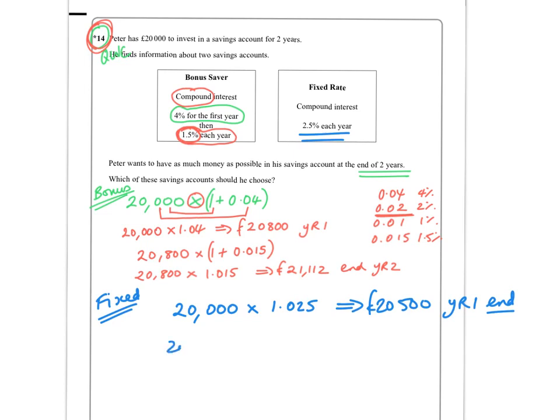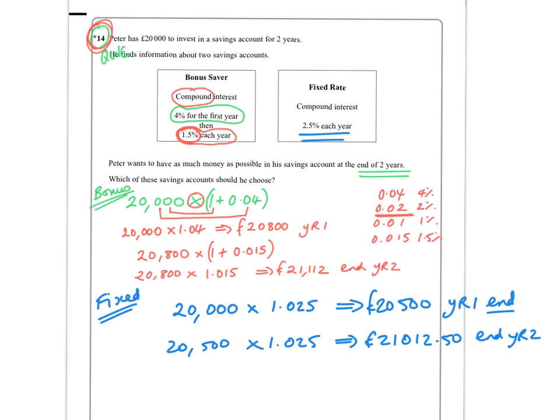And then we take the 20,500 and apply that again, and we'd get £21,012.50, and that's the end of year 2.